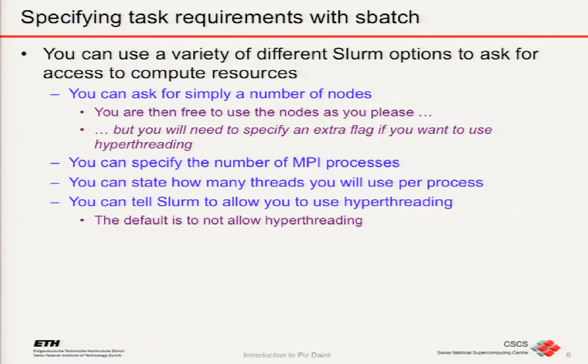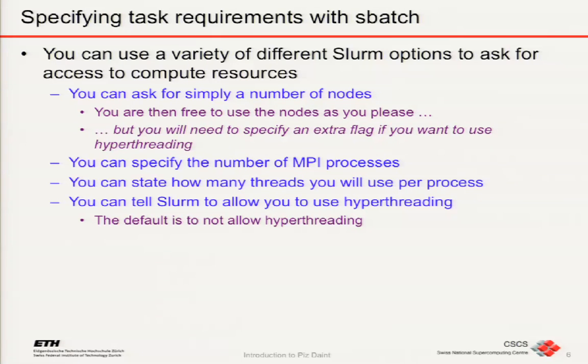So you can just go along and ask for X nodes, and you're free then to use them as much as you want with MPI and OpenMP mixed, apart from, as things stand today, you need to specify the flag if you want hyperthreading. If you don't say you want hyperthreading and you try to use it with your aprun line, it won't work.